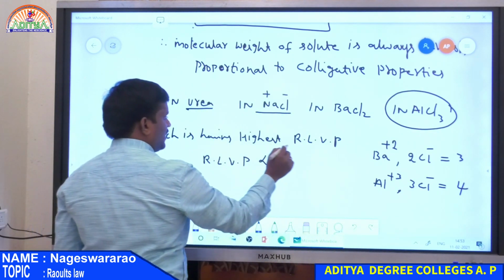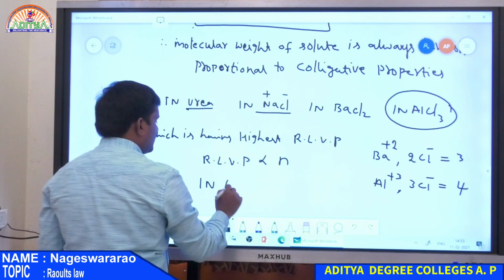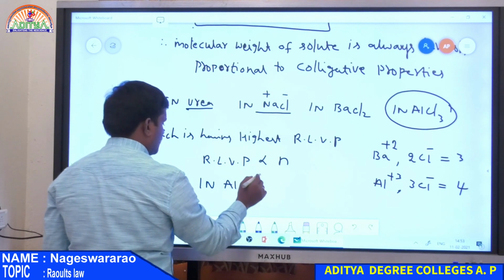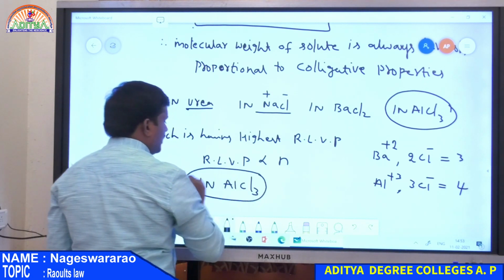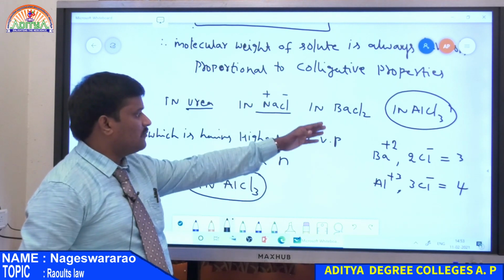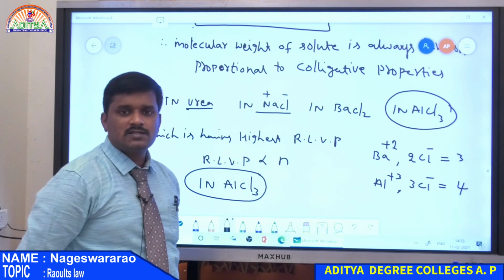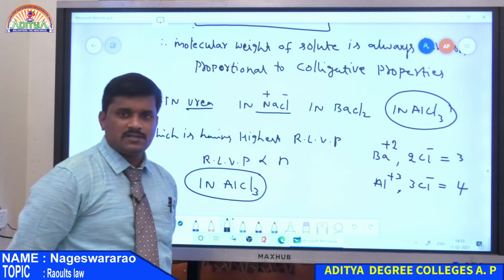So, which is having the highest relative lowering of vapor pressure means it is 1 normal AlCl3. This is due to it having a high number of moles of solute. So, total number of moles is equal to 4. That is why it is having the highest relative lowering of vapor pressure.